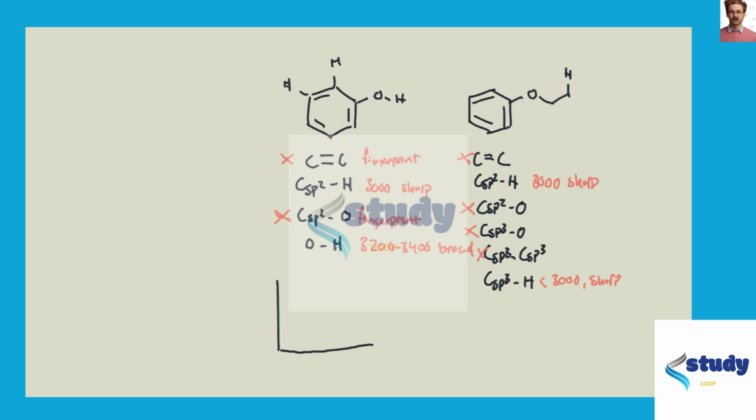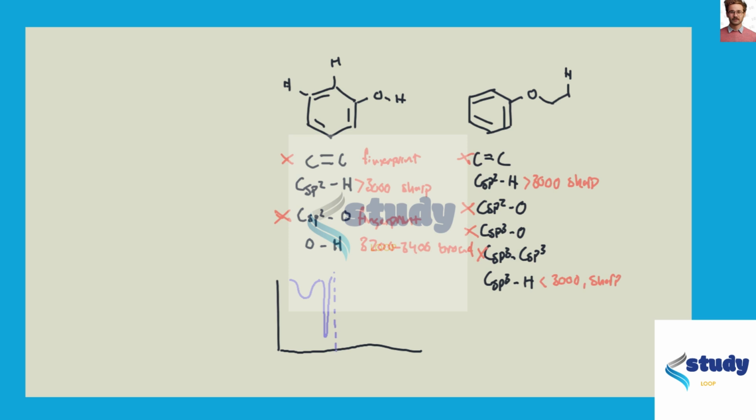Right, so then what our IR spectra would look like for each of these would be, we would have our alcohol from 3200 to 3400. And then we would have our sharp peak, sorry, I forgot to say these are greater than 3000, not exactly 3000. They're slightly beyond 3000. And then we would have our sp2 carbon-hydrogen as a sharp peak just beyond 3000.